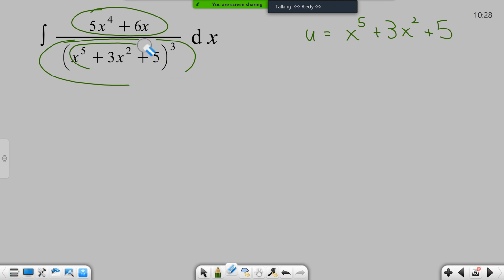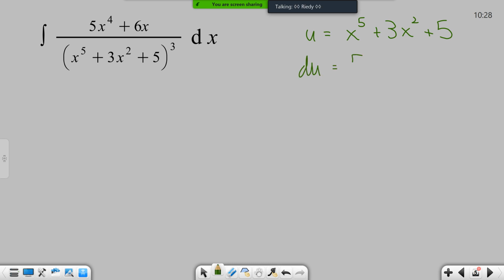So let's get this mess out of the way. All right, du is equal to 5x to the fourth plus 6x dx. dx is equal to 1 over 5x to the fourth plus 6x du.